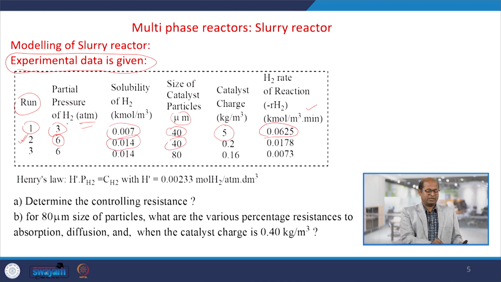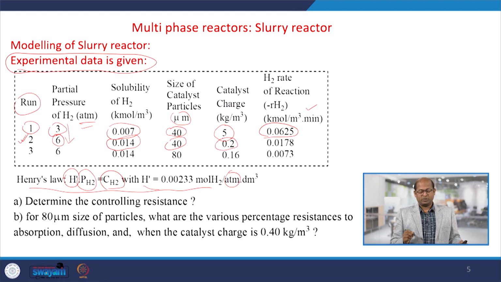Of course, as pressure increases, the solubility of hydrogen in the liquid becomes higher, based on Henry's law. So if we multiply H with the partial pressure taken, we can find the concentration of hydrogen using this correlation also. For 40 microns, the catalyst charged was 0.2 kg per meter cube, and the corresponding rate was this.